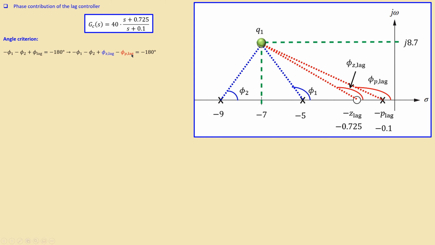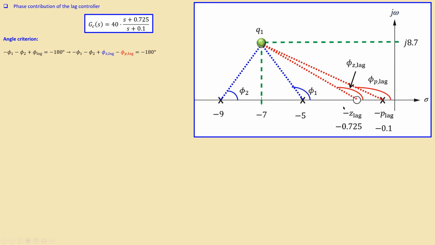I already mentioned that the 0 and the pole must stay close to each other, but the ratio is still 7.25 according to our specification, such that the phase contribution of the pole and the phase contribution of the 0 of the lag controller are approximately equal to each other, but not too negative. So if this is, for example, calculated as minus 110, and this must be approximately 108, then the phase difference is approximately 2. That will be a -2 phase contribution by the lag, but that's really minimal.